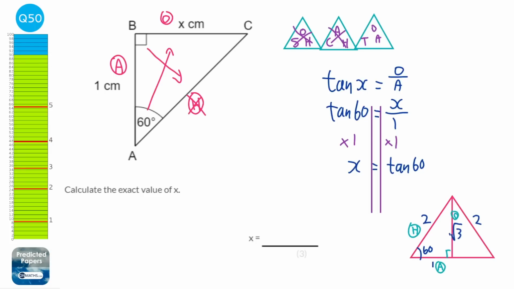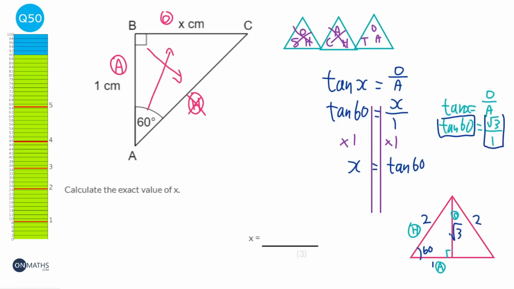And so we're looking for tan 60. Tan, as we know, is the opposite over adjacent. So tan 60 is going to be the opposite, which is root 3, over the adjacent, which is 1 in our diagram. So tan 60 is the same as root 3 over 1, or just root 3.